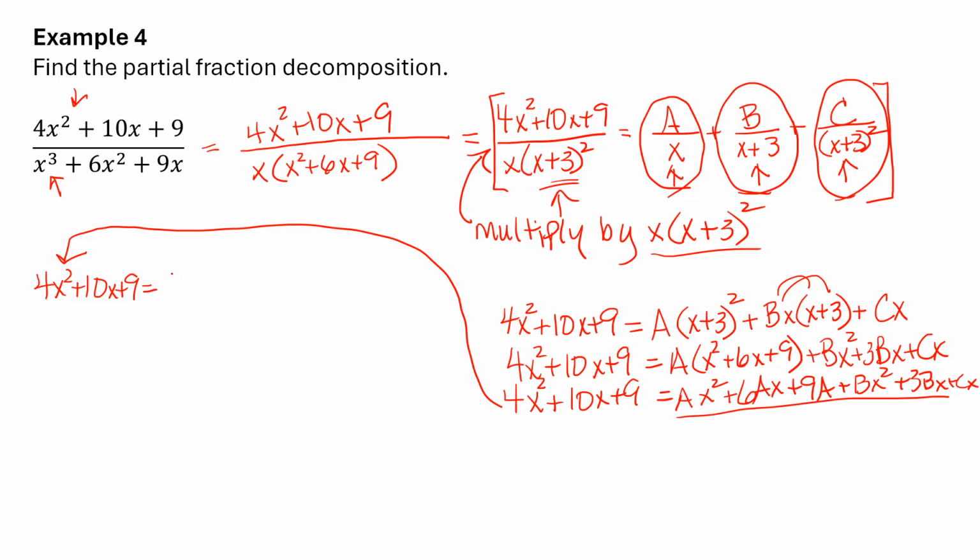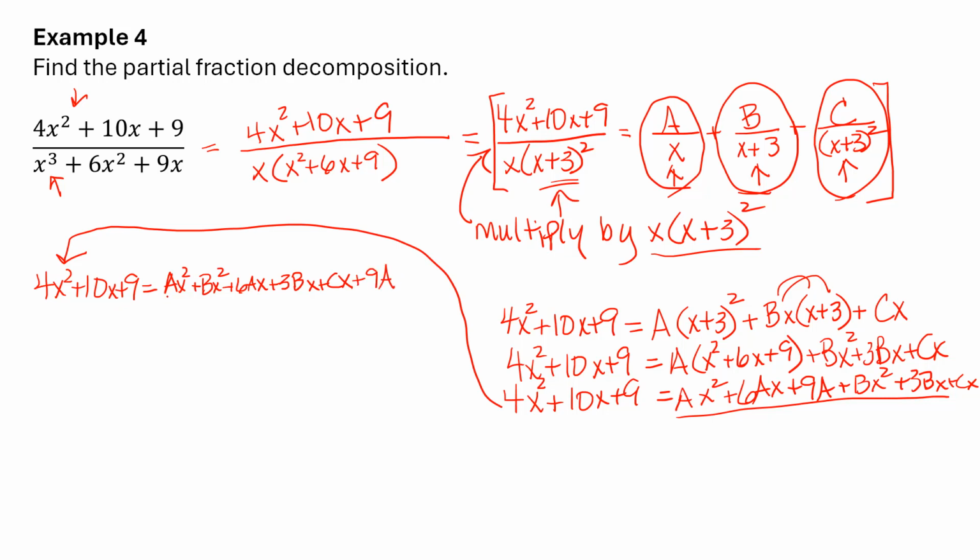So I've got ax squared plus bx squared. And then I've got 6ax, and I've got 3bx, and I've got cx. And then I have a constant, 9a.